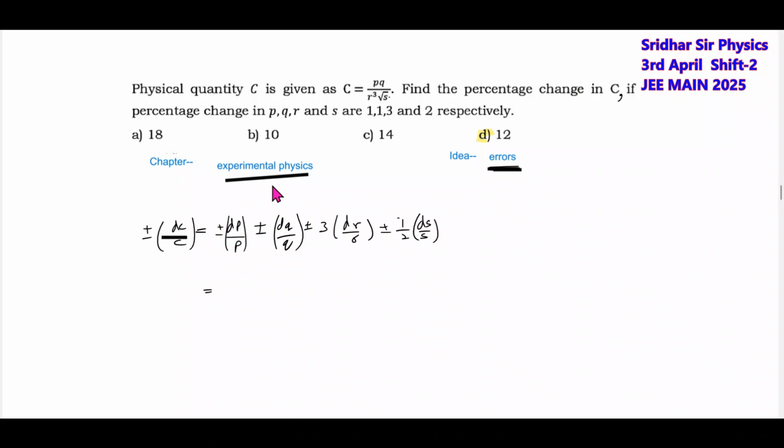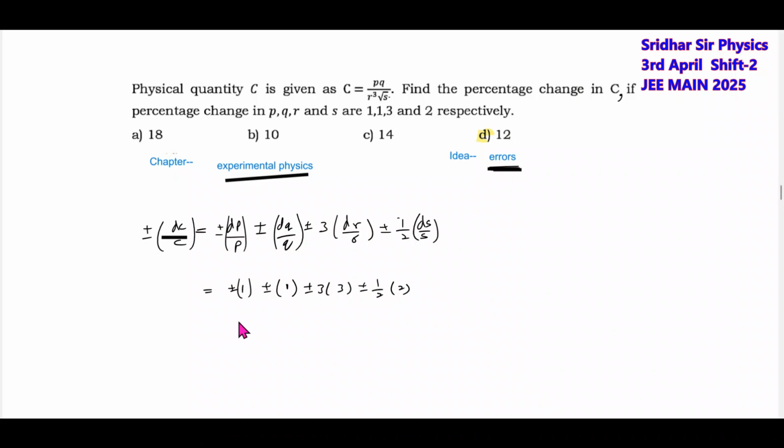So relative error in P is how much here? 1. Relative error in Q, 1. Relative error in R, 3. Relative error in S, 2.